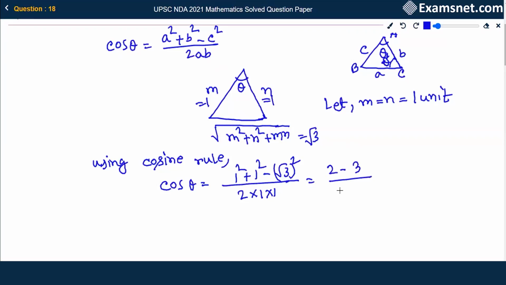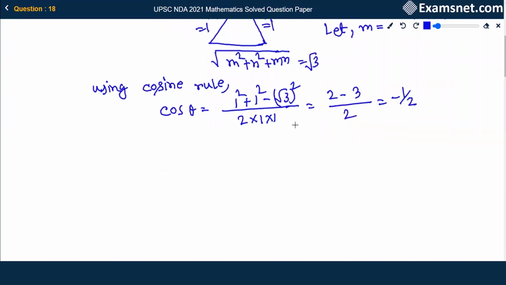That is 2 minus 3 by 2, so it becomes minus half. So cos theta equals minus half. Since cos 60 degree gives the value half, we can write it as minus of cos 60 degree.